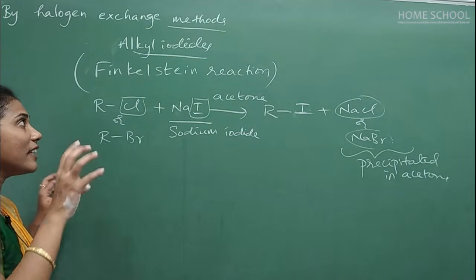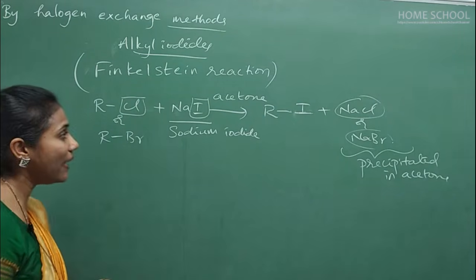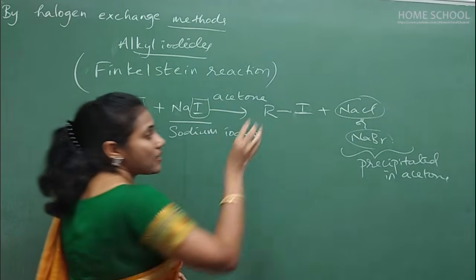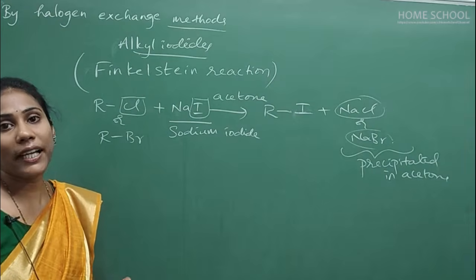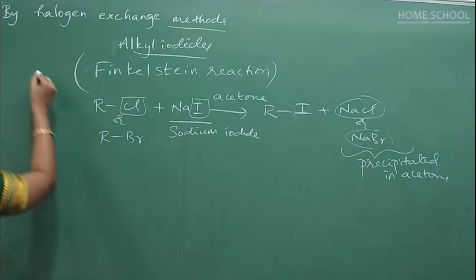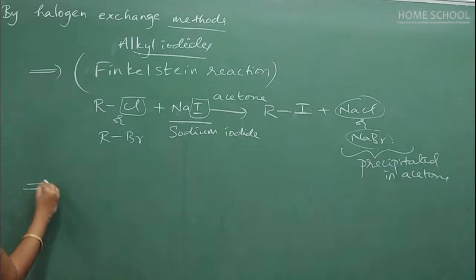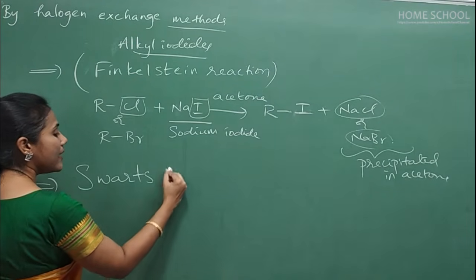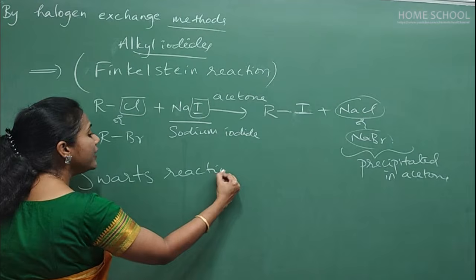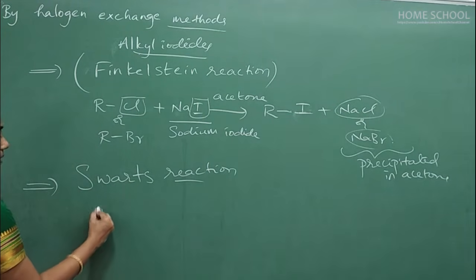The Finkelstein reaction is an exclusive reaction to prepare alkyl iodides. Remember, the reagent we use is NaI, sodium iodide. Similarly, we have another named reaction in this chapter, the Swarts reaction. What we do in the Swarts reaction is the same thing.